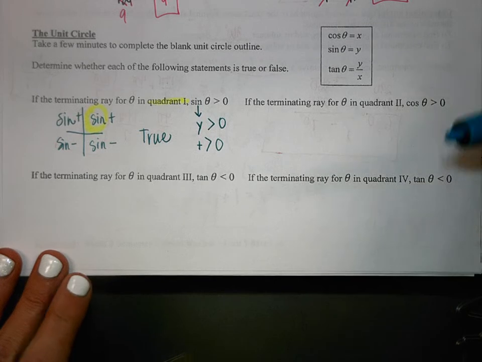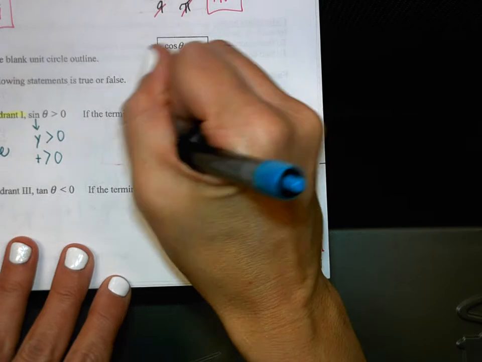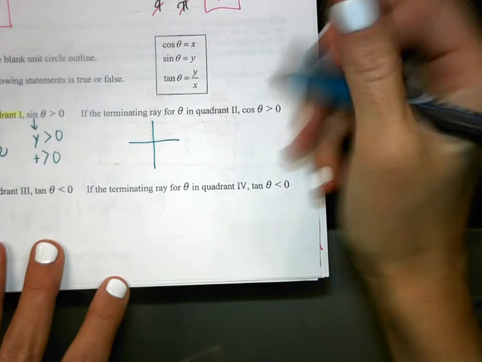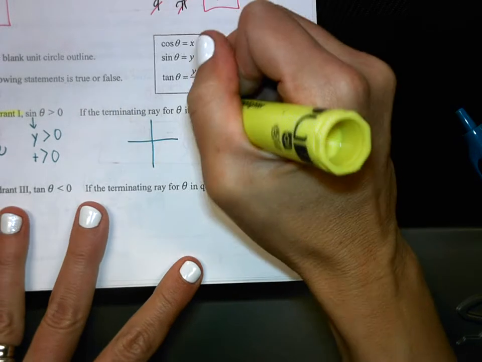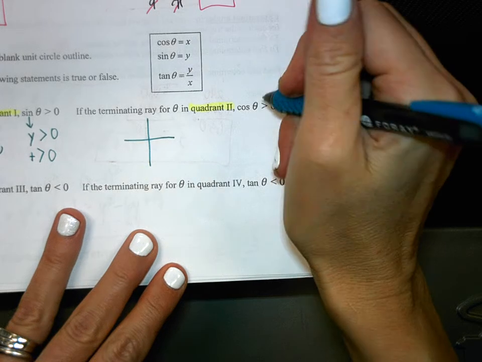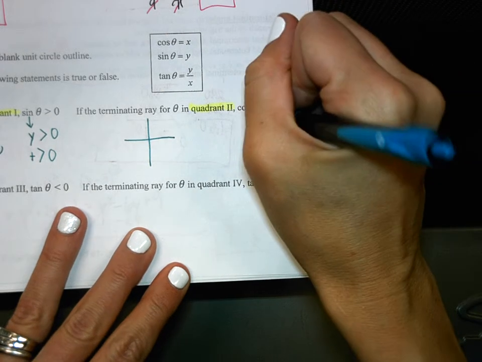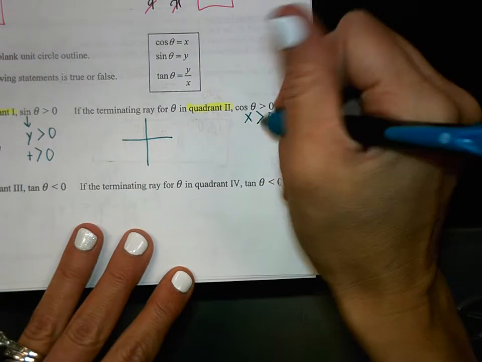Okay, next one, we are talking about quadrant 2. And we're specifically talking about cosine. Okay, so there's lots of ways of looking at this. Cosine is dealing with your x, and x being greater than 0, which means that x needs to be positive.